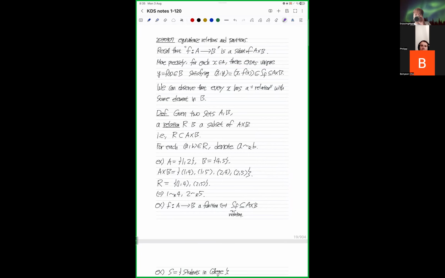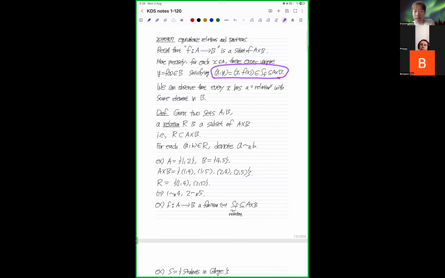Different elements in X can map to the same element Y. But unique with respect to the idea that a single element in X cannot map to more than one element Y.